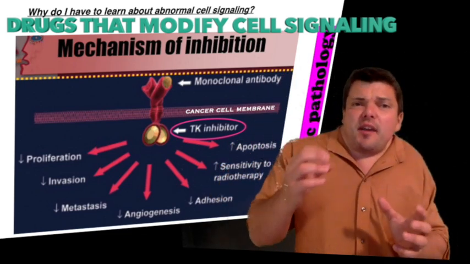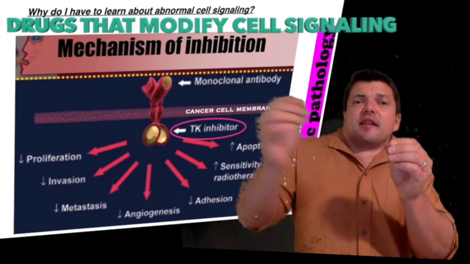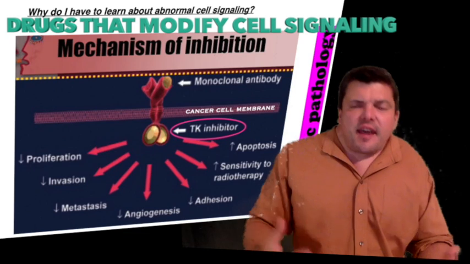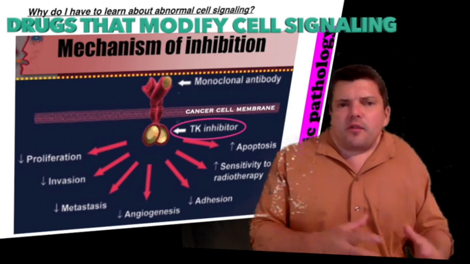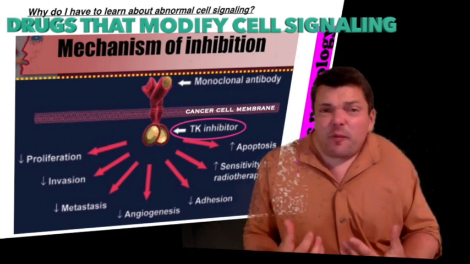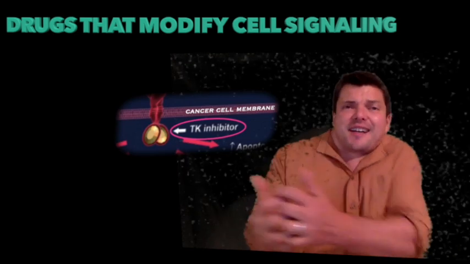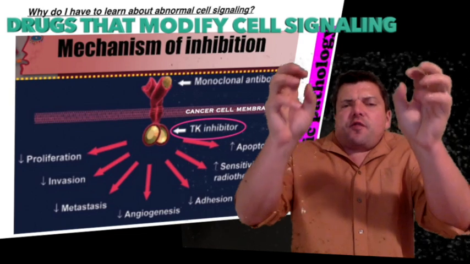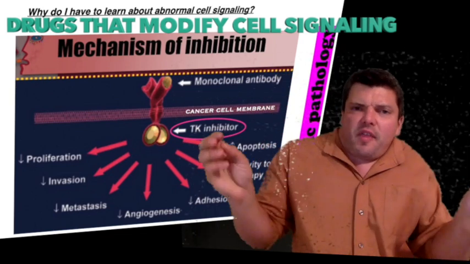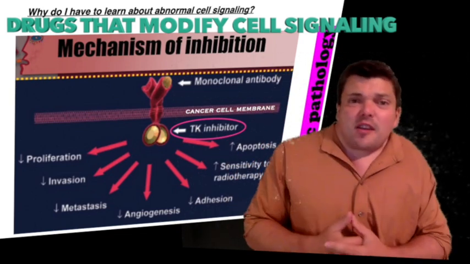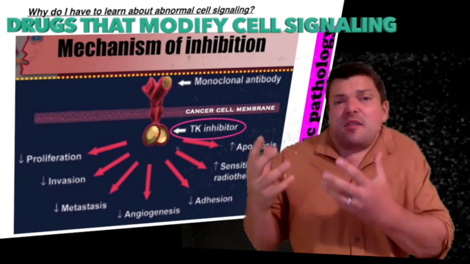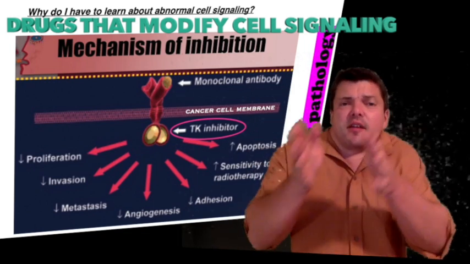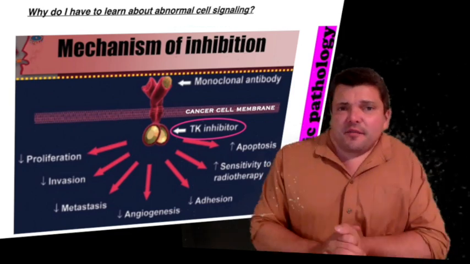And in so doing, they block cell signaling to go through the cell and send that signal for growth and division. Another big category of medications are called tyrosine kinase inhibitors. They're small molecules that are able to diffuse through the cell membrane, and they bind to intracellular proteins, but they do the exact same job as monoclonal antibodies. They stop cell signaling.